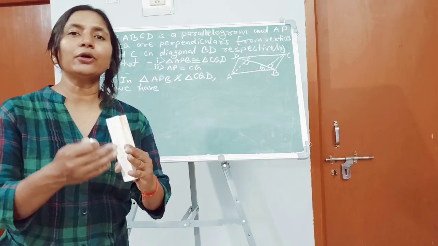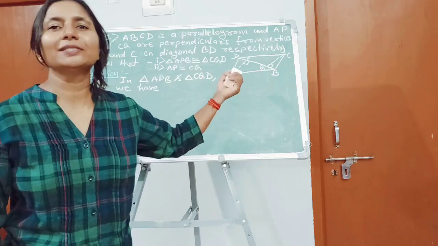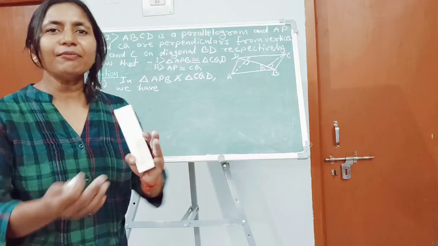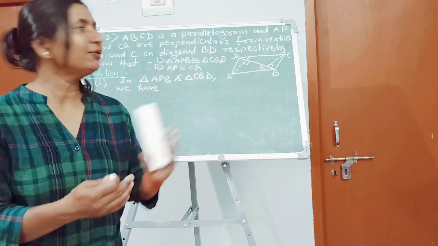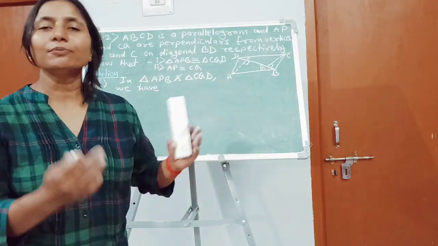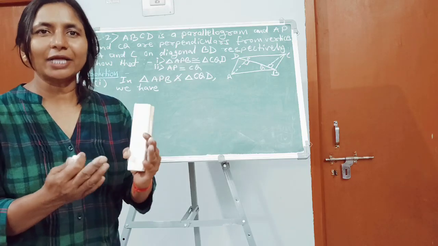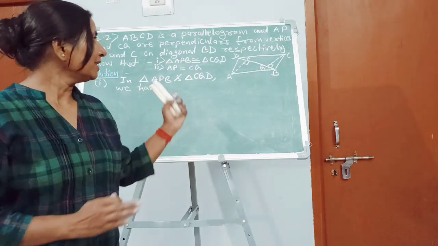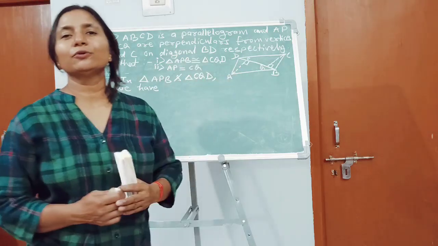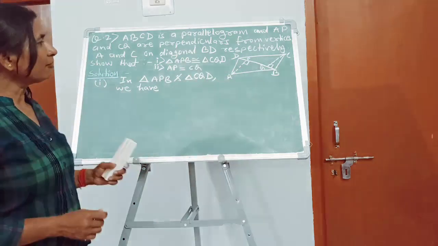We have to find out which criteria of congruency holds here. Means we will try to find the relationship between angles and sides of the two triangles so that we can say that yes, this triangle is congruent to this one. Okay. So first of all, let us see.